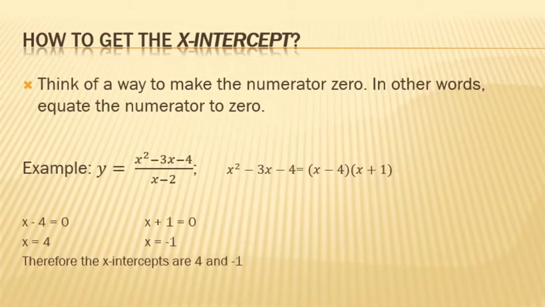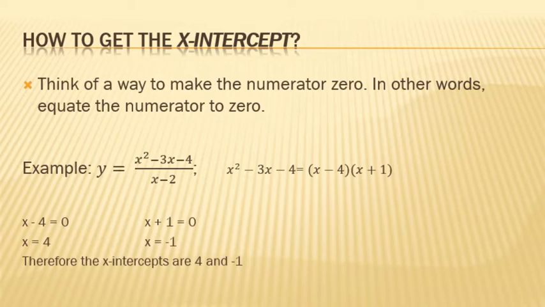Ibig sabihin ng x-intercept, sa anong point ni x-axis tumawid yung ating graph? Point or points. Okay? Pag sinabi namang y-intercept, sa anong point or points ni y tumawid yung ating graph. So, yun ang ibig sabihin ng x-intercept and y-intercept.